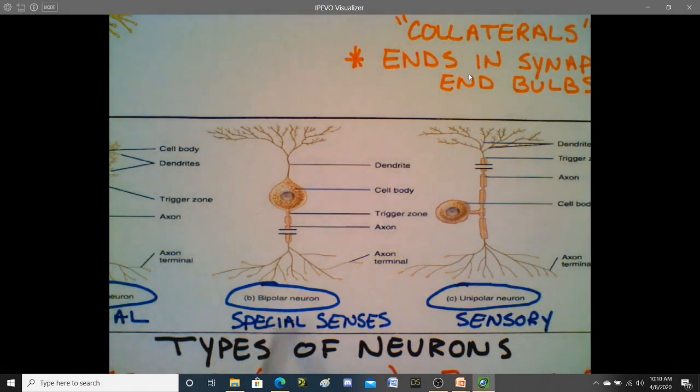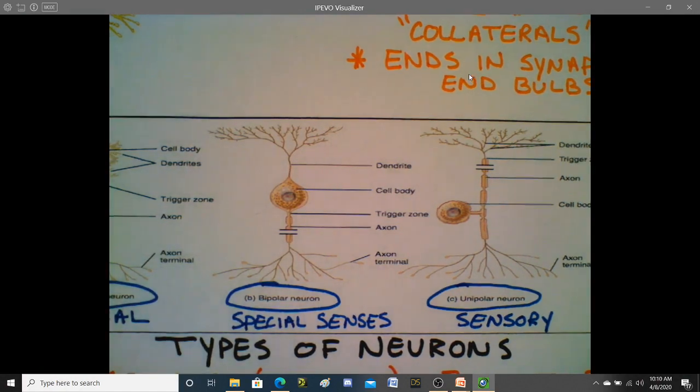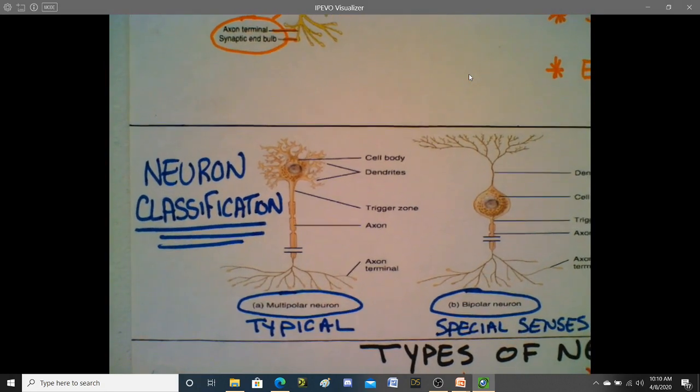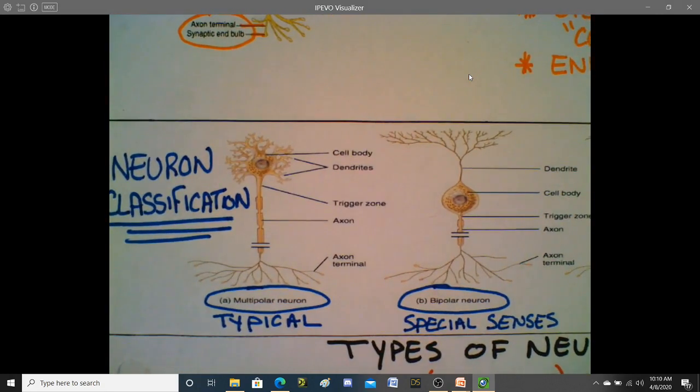Now, these are pretty rare, but they exist in our special senses. For example, bipolar neurons are found in the retina of your eye. And so you'll see these in your special senses, like eyes, ears, taste, that kind of thing. But your typical nerve that's going to be moving information, the neurons in your brain, the neurons in your spinal cord, most of those are these multipolar neurons.